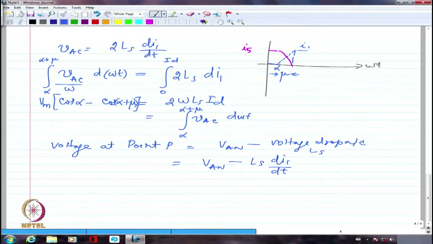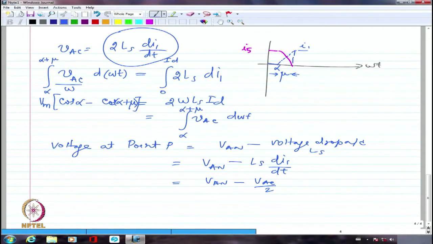And we said that 2 Ls into dI1 by dt is VAC. So I should be able to write Ls into dI1 by dt as VAC by 2. So I can say this as VAN minus VAC by 2. And what is VAC by 2?